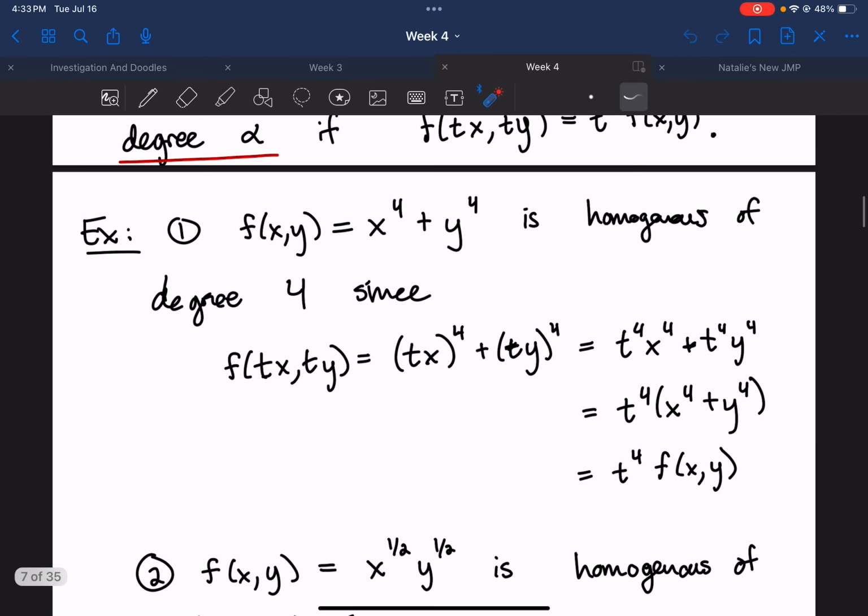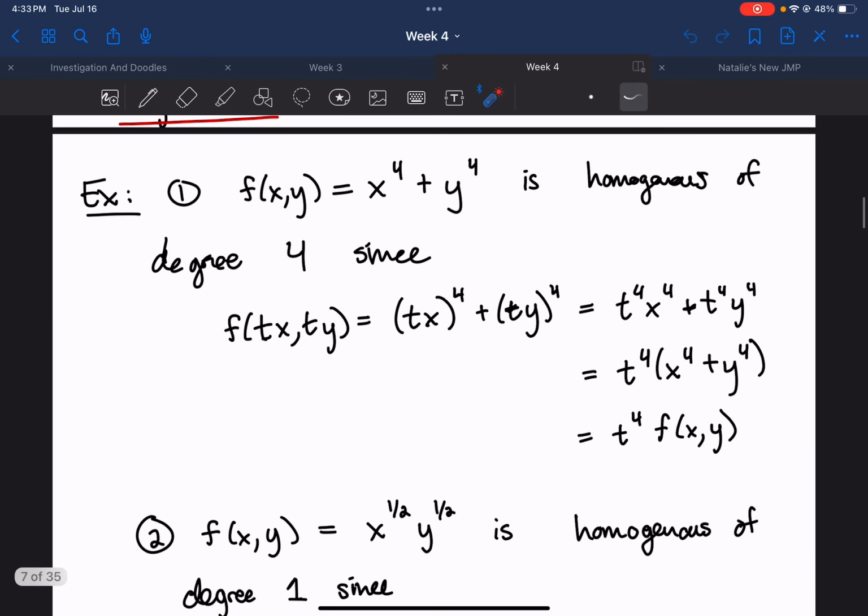Here's an example. This function f of x and y equals x to the fourth plus y to the fourth is homogeneous of degree 4. Why? If you plug in tx and ty in for x and y, this evaluates to (tx) to the fourth plus (ty) to the fourth, which is t to the fourth x to the fourth plus t to the fourth y to the fourth, and you can factor out a t to the fourth from both terms.